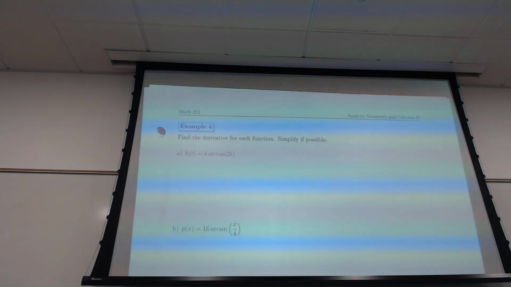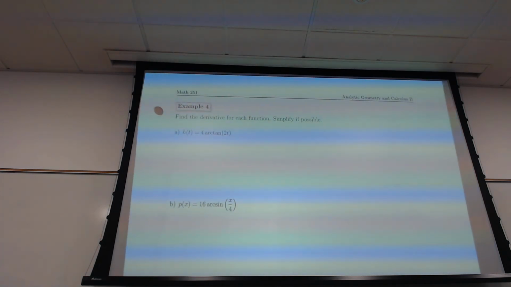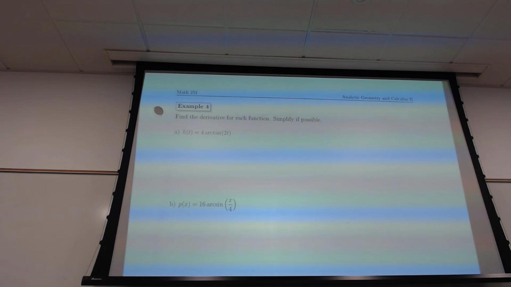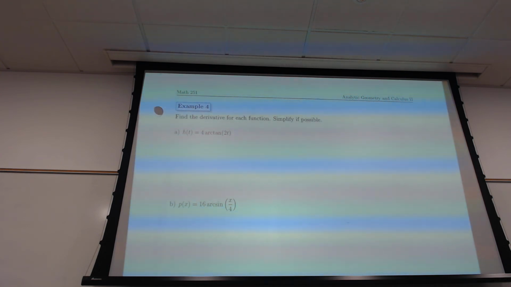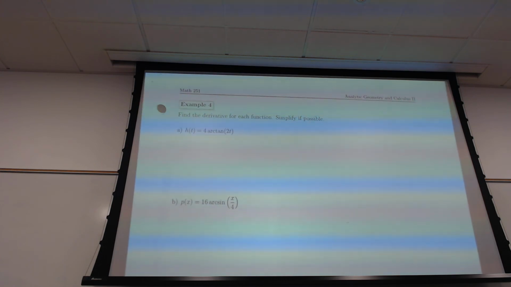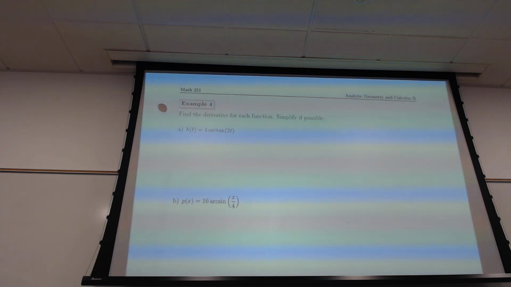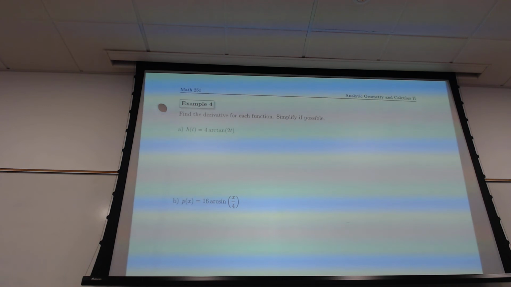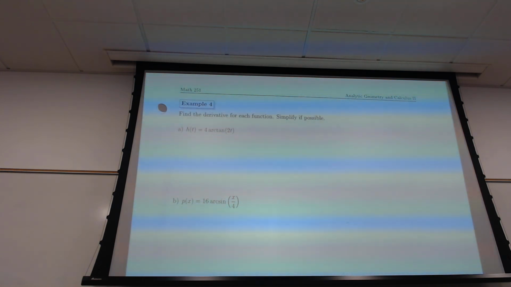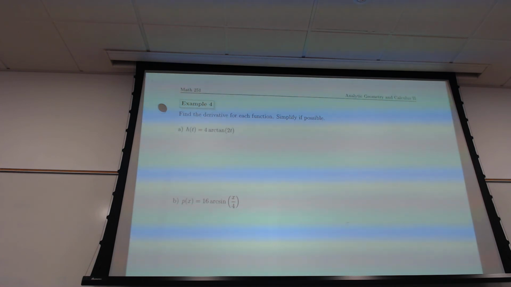Find the derivative of each function and simplify. Most importantly, we need to simplify these derivatives. Okay, h of t equals 4 times arctan of 2t. Notice in this case it's not just arctan of x, so there's a linear function.